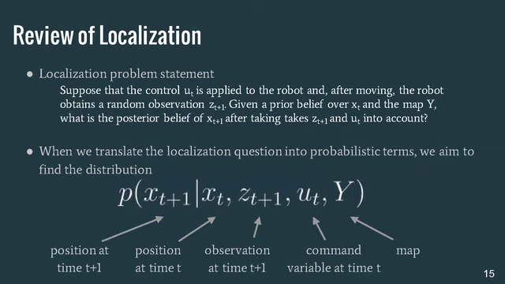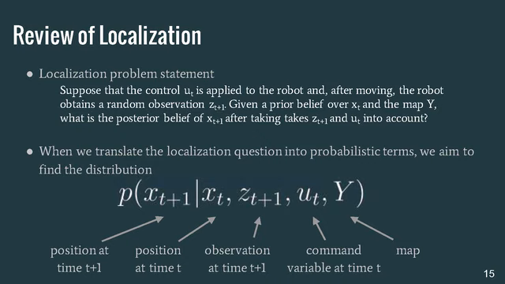So the localization is, well, in our case, mathematically, the problem statement is you have a control U. You're going to observe something about your state. It might be a camera image. It might be laser scans. And then essentially on your map, you're going to use probability to figure out where you are.